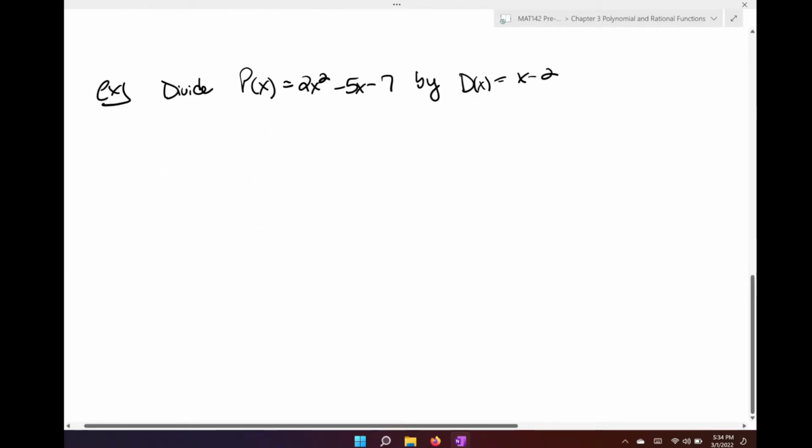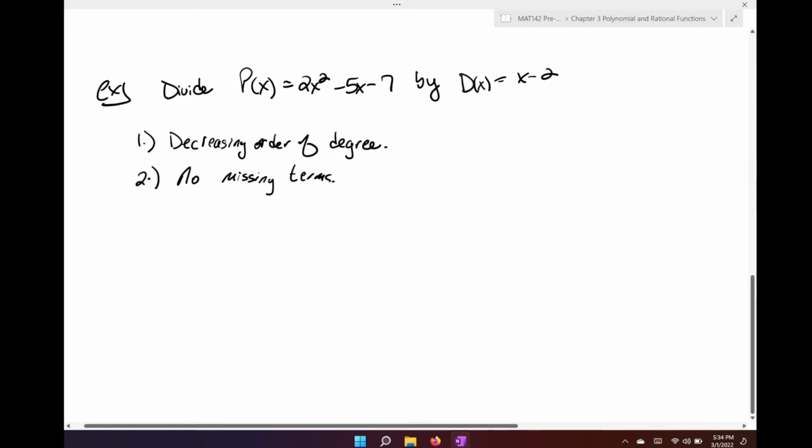Now, the thing we have to remember here is this. First, when we divide polynomials, the polynomials have to be in decreasing order of degree, and no missing terms.